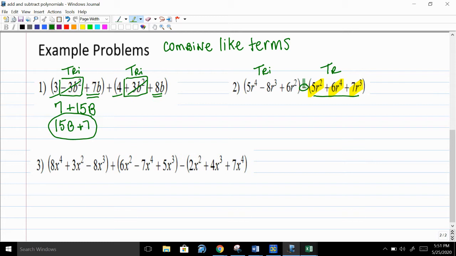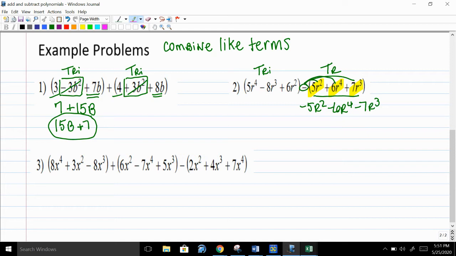Really what you're doing is distributing that negative here, here, and here, and making them all the opposites. You have to do that with subtraction. So the 5r squared becomes minus 5r squared. The positive 6r to the fourth becomes minus 6r to the fourth. The plus 7r cubed becomes minus 7r cubed. And then after that, everything else stays the same, right? You combine the like terms.